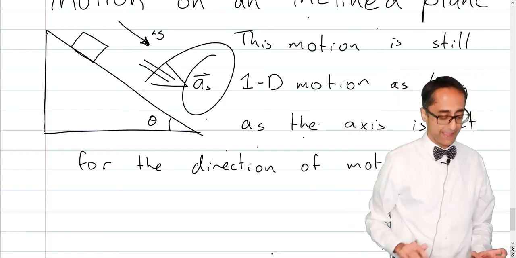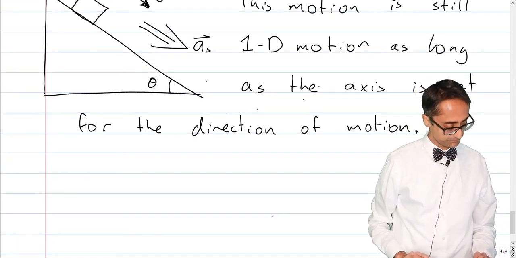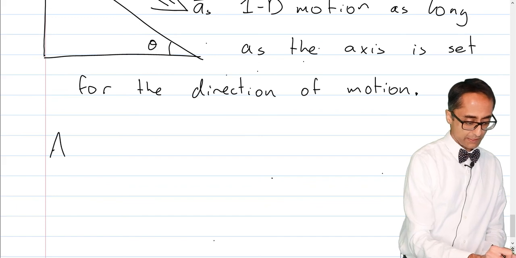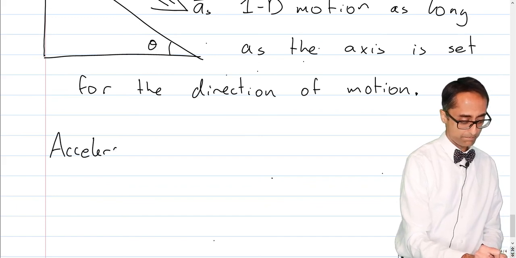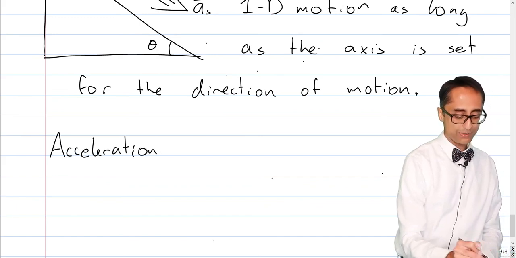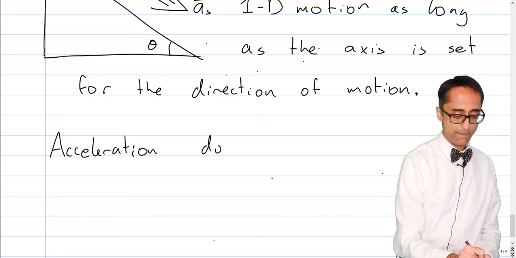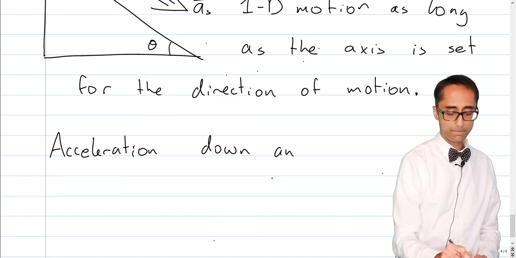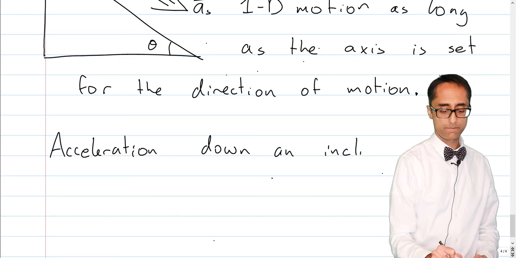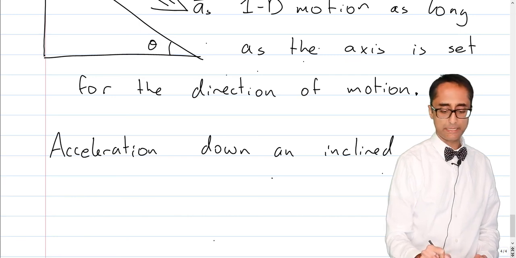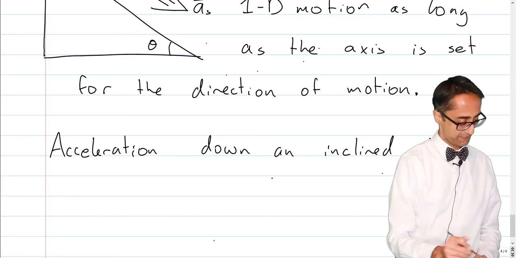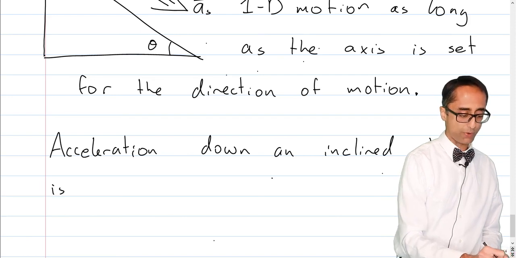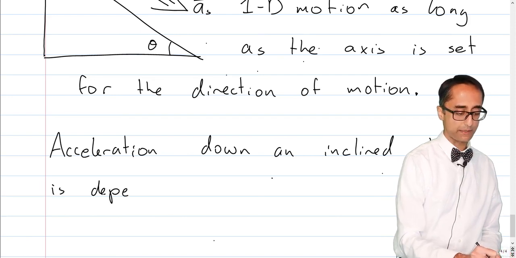What is this AS? So, acceleration down an inclined ramp or plane, whichever you want to call it, is dependent on gravity and one more thing.